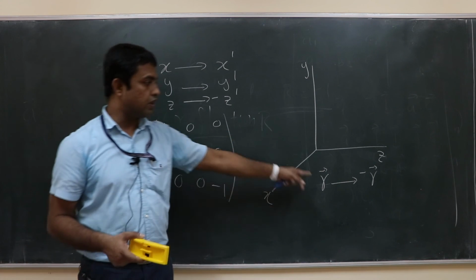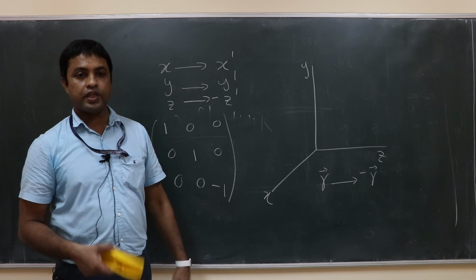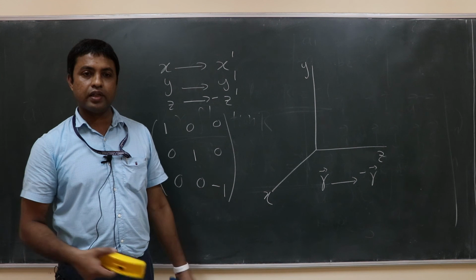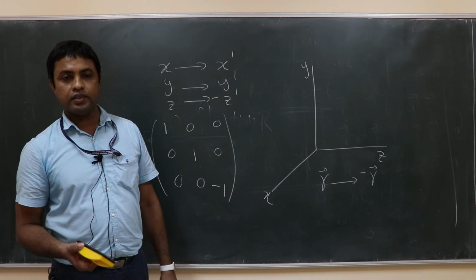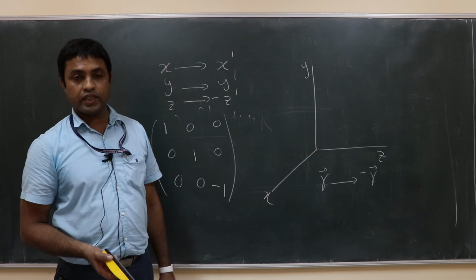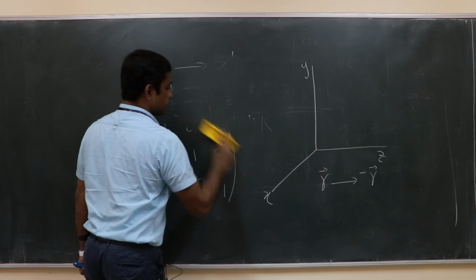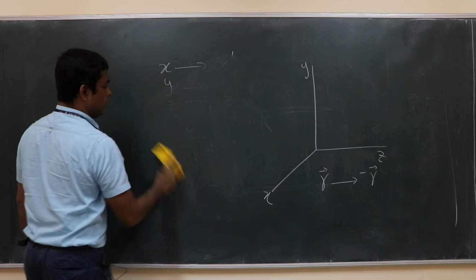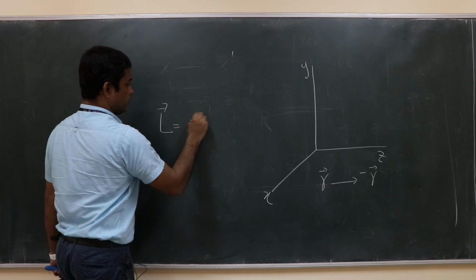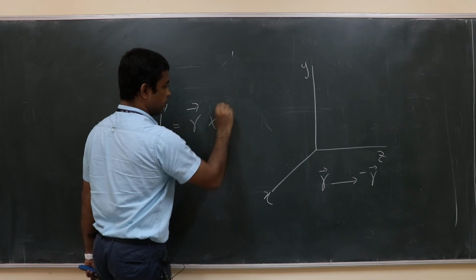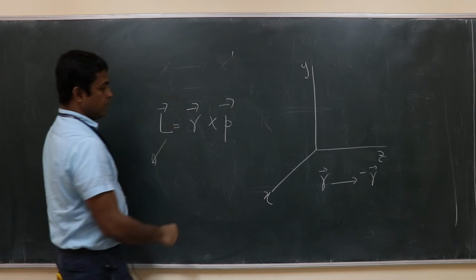So the reflection, this one. Under this kind of transformation, suppose there is a vector, it goes like a vector. But if it is a pseudo vector, it has to acquire an extra sign. So for example, you take L equals R cross P. This is angular momentum, right?